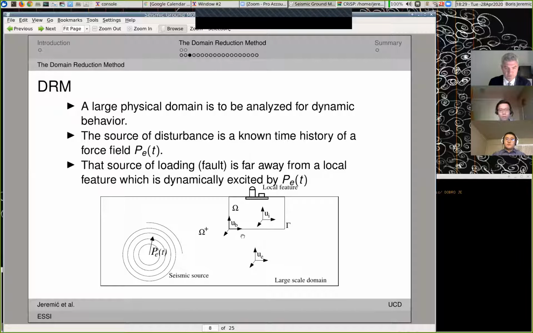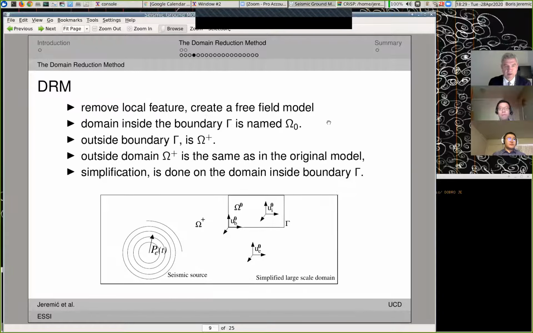We're trying to resolve the issue of how to transfer forces from the seismic source to the local feature. Let's assume now that we remove the local feature. We create a so-called free field model, and the model is defined here. What we have are displacements on the inside, UI, meaning U displacements, I inside.